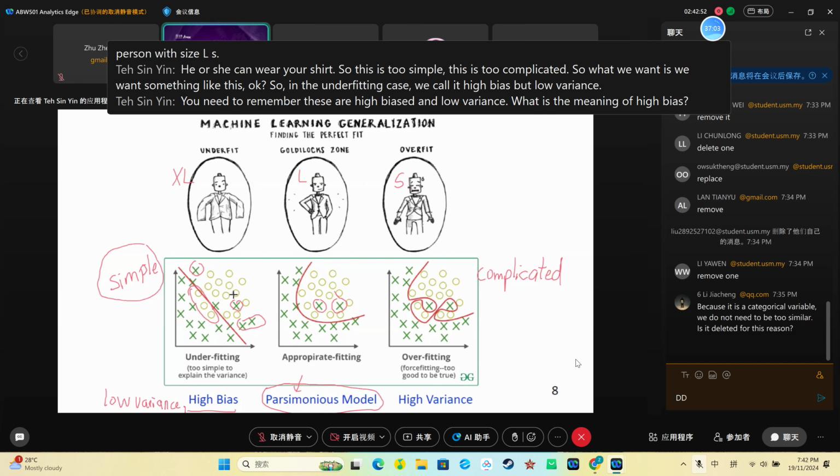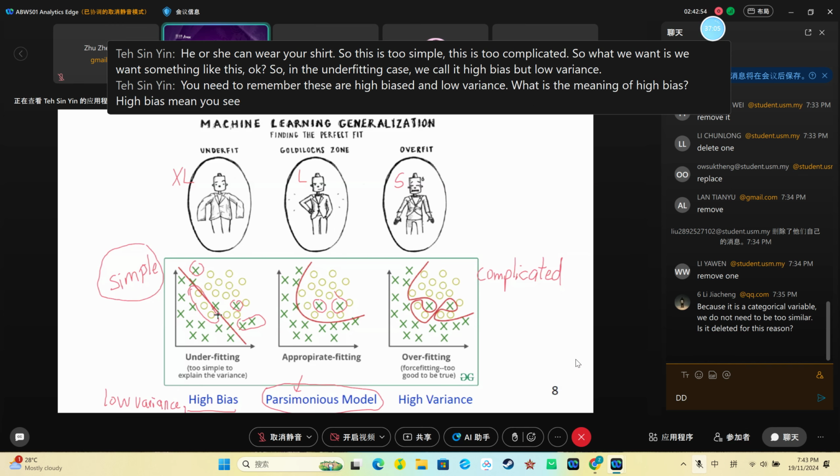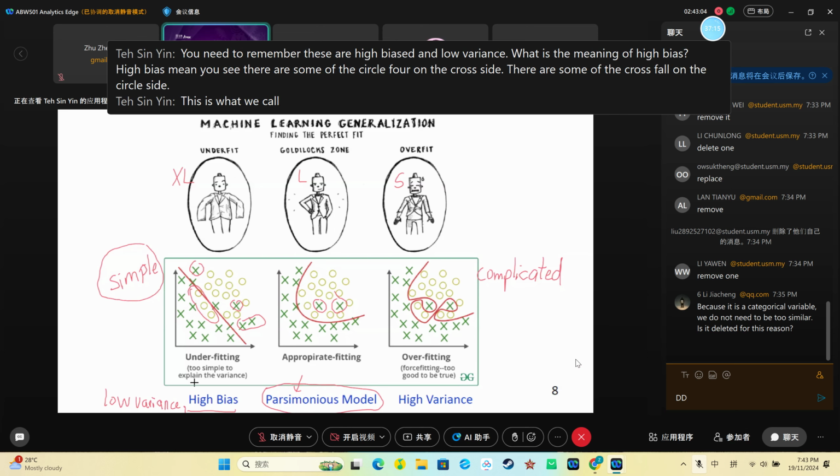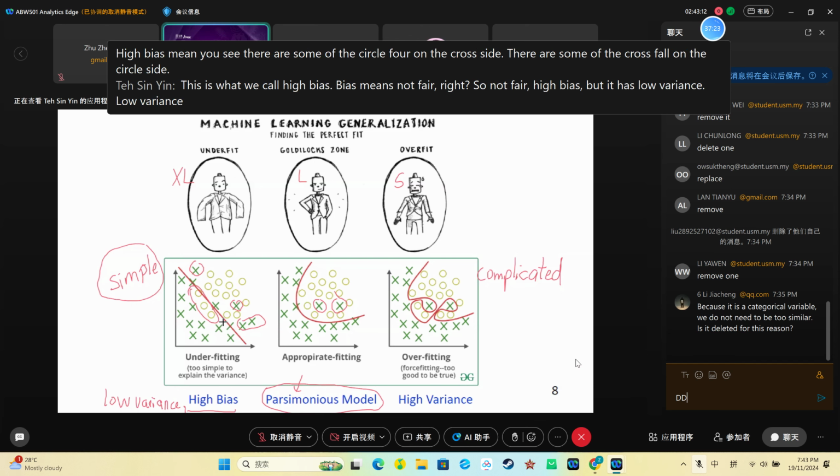High bias means, you see, some of the circles fall on the cross side, and some of the crosses fall on the circle side. This is what we call high bias. Bias means not fair, right? So not fair, high bias. But it has low variance, because it is a very simple straight line.